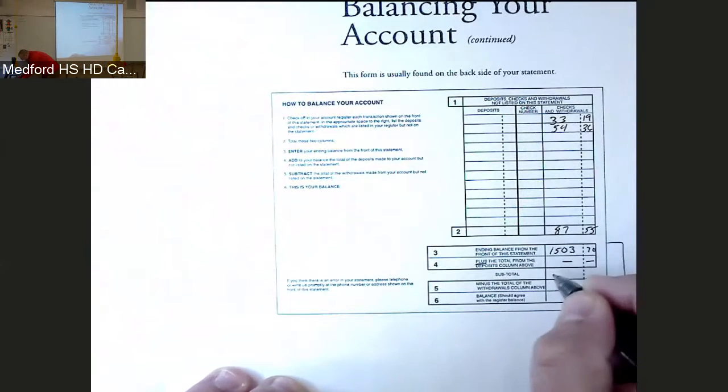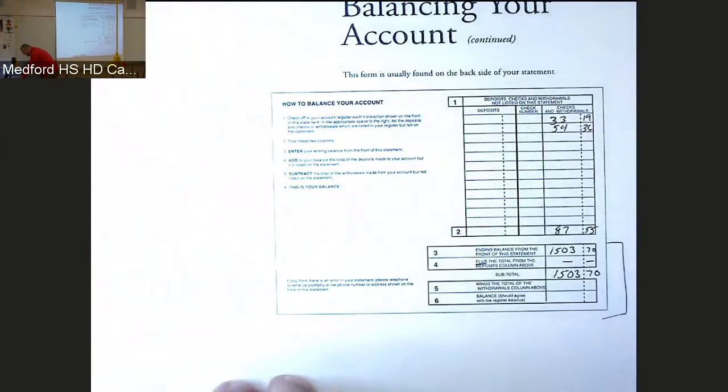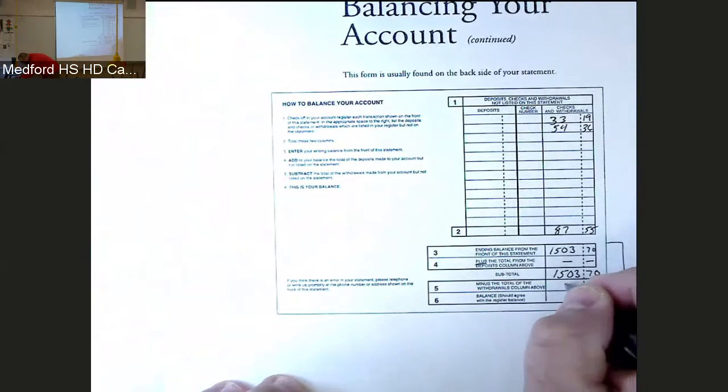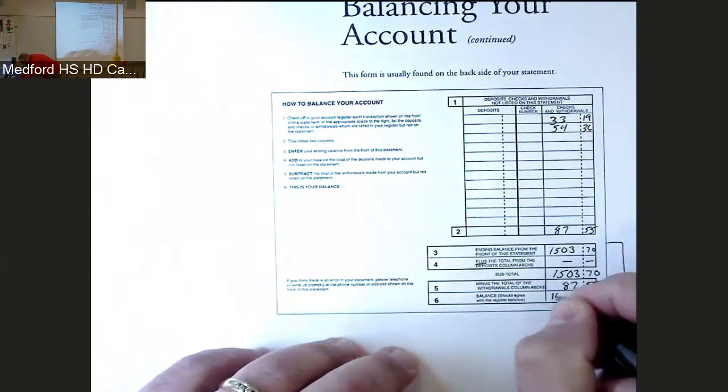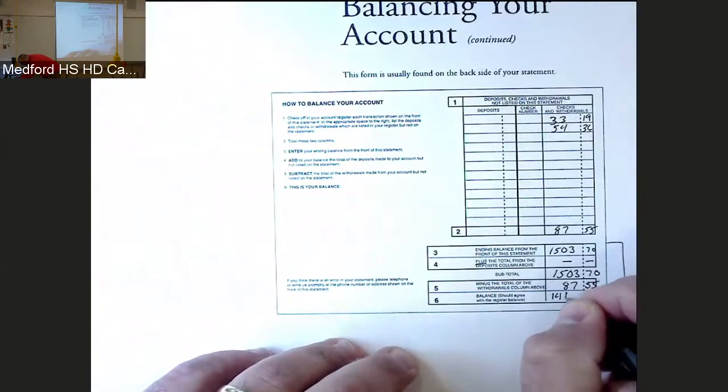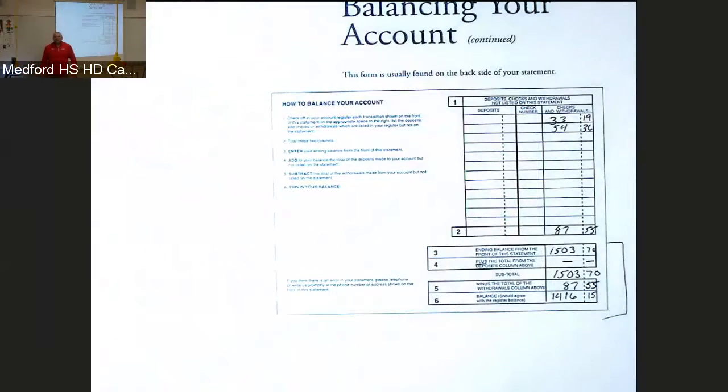So again, we're going to add those to get a subtotal. It's going to be our same amount from before. We need to subtract out then the total of the outstanding withdrawals, $87.55. And when we subtract that out, we should get a total of $1,416.15.